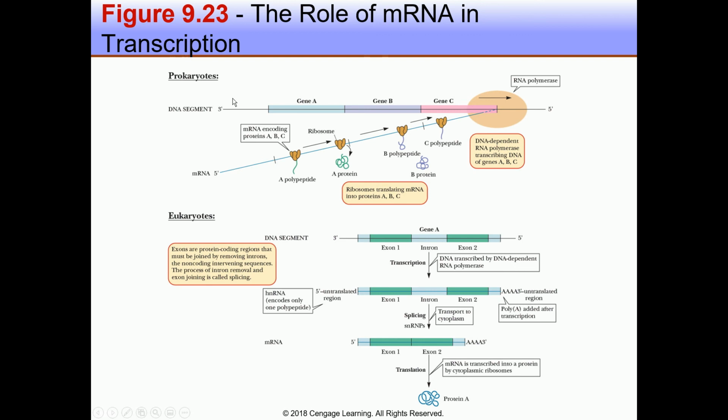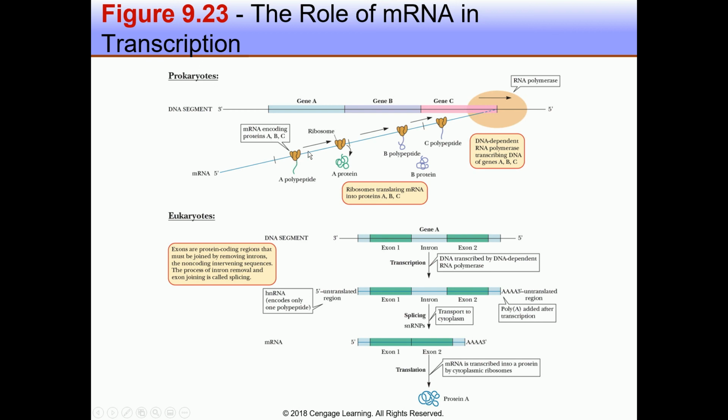And this is what is being shown here in the prokaryotes. In the prokaryotes, you can see this is the DNA, these are the genes. This is the DNA segment, and this is the mRNA which is being formed. This mRNA does not need any processing. Once it's formed, it is ready. You can see the ribosome binding here, moving on this mRNA and making the polypeptide.